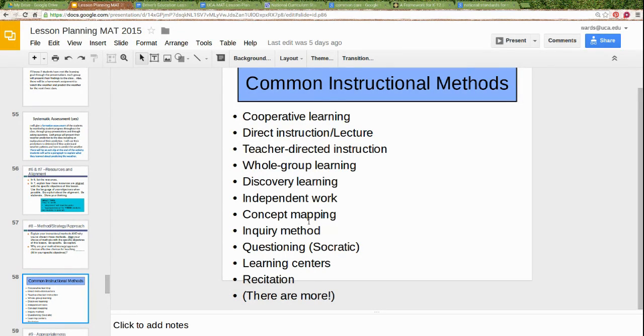Concept mapping is like a graphic organizer, except I don't make it and give it to you. We do it together. Like if I put you guys in a room and said, all right, I got a whiteboard and I put a big circle in the middle of the whiteboard and I wrote lesson planning. Tell me everything you think you know about lesson planning. And one of you raises a hand and says, well, you got to know what you're teaching. And I might draw a little line out from my middle circle and draw, know your content and circle it.